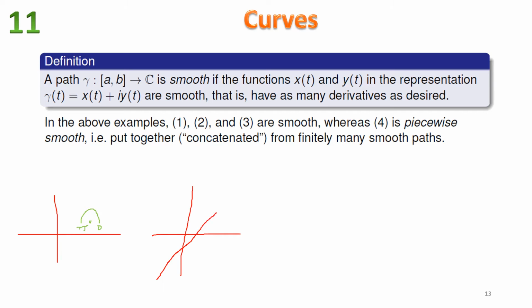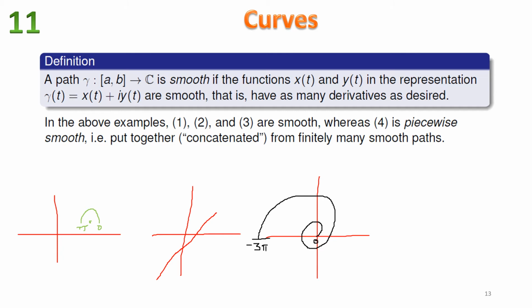The third one was the most interesting one, which started from the origin and spiraled out to this point. So this is the origin and this point was minus 3 pi, and the variation of t was from 0 to 3 pi, and the functional variation was from 0 to minus 3 pi along this spiral line.